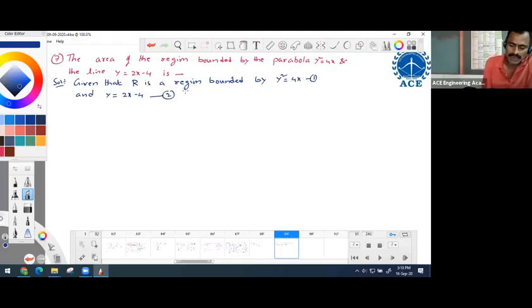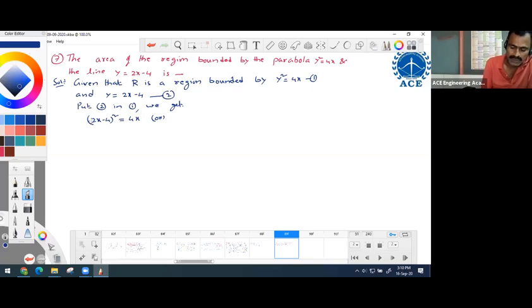Let us substitute 2 in 1. We get (2x minus 4) square equal to 4x, where in place of y we are writing 2x minus 4. First of all, 2 is common here.